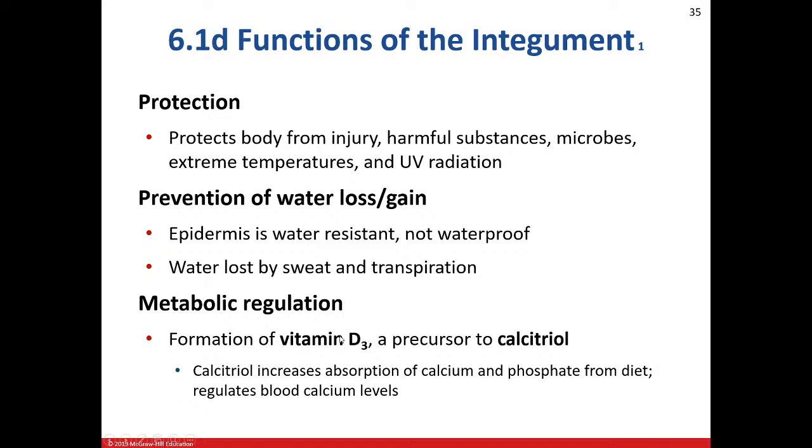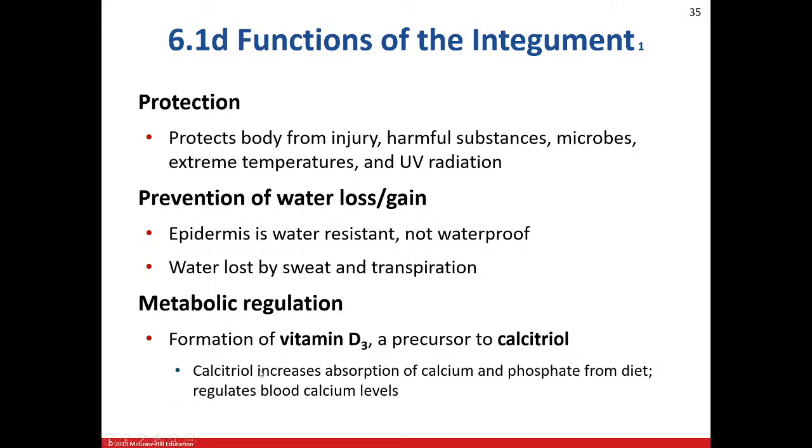Metabolic regulation. So the skin is also responsible for the production of vitamin D3. The production of vitamin D is a two-stage process. One step occurs in the skin, and the other occurs in the kidneys. Calcitriol, whose full name is something like 1,25-dihydroxycholecalciferol, we shorten to calcitriol.